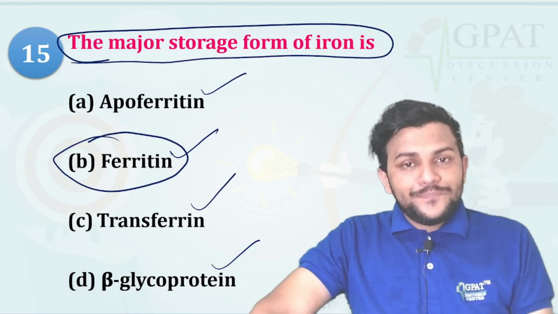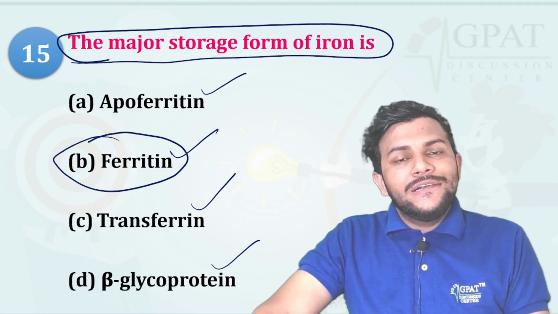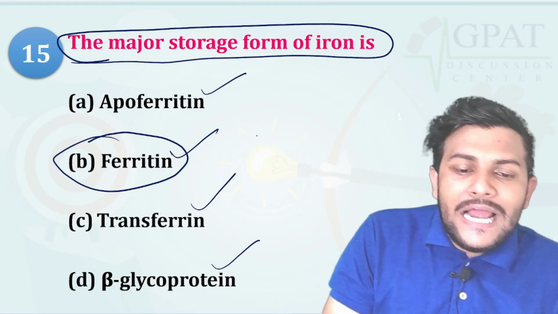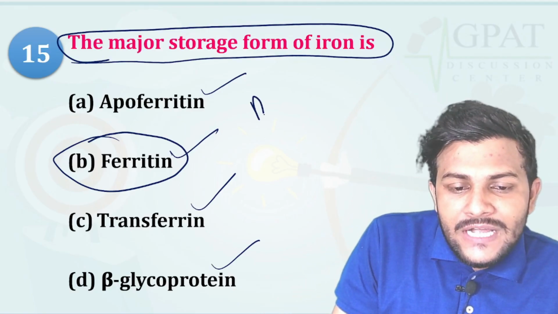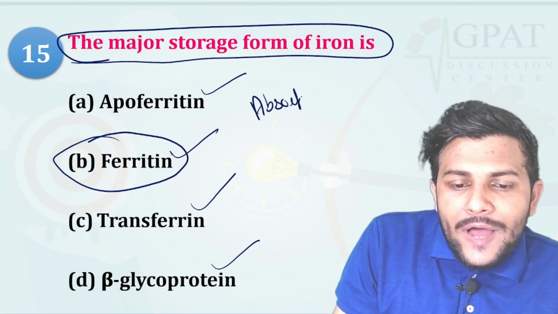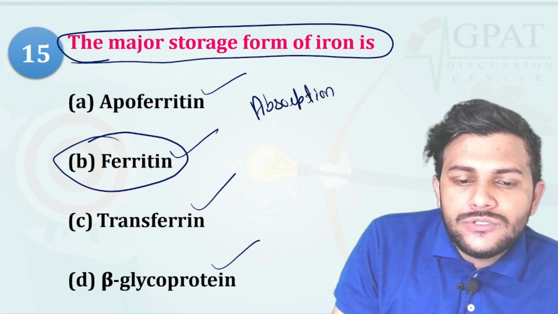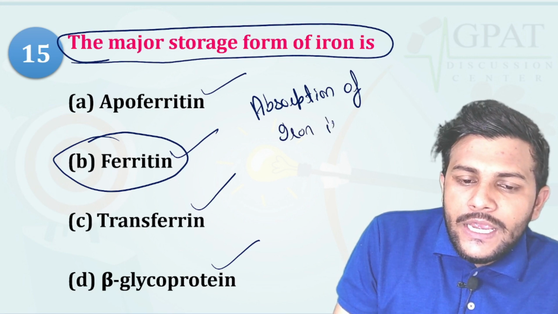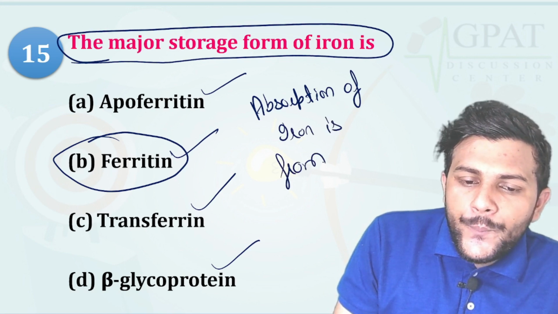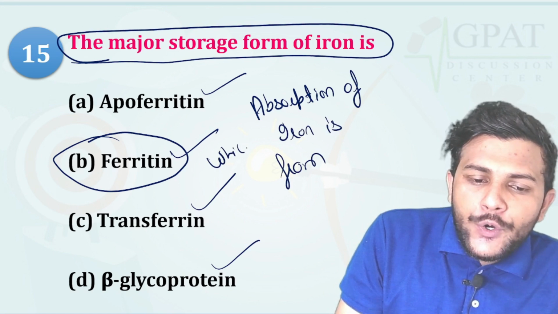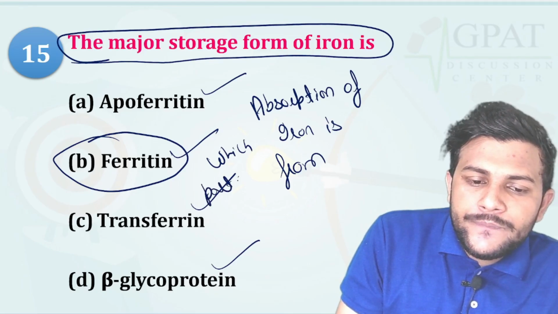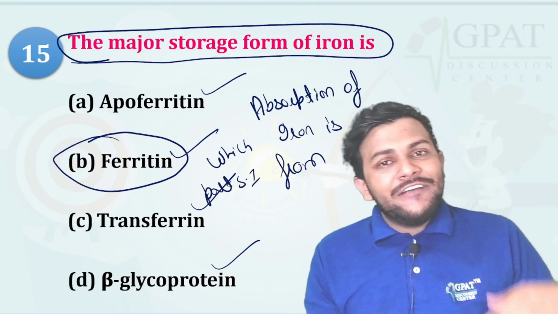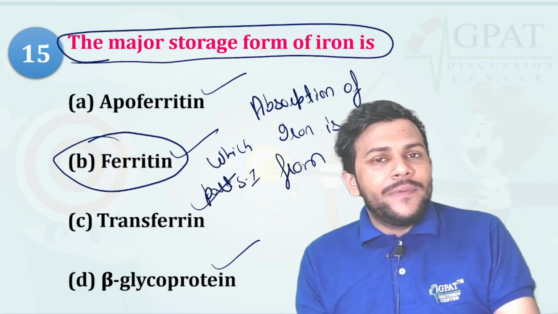So basically absorption of iron, and you have to tell me in the comment box which part of the small intestine absorbs iron. Like folic acid is maybe absorbed from the duodenum.